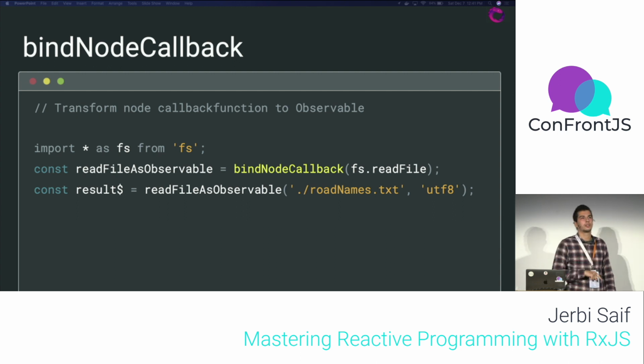So you can convert your callback function into an observable, and you can also convert your promises into an observable in order to use the different operators.